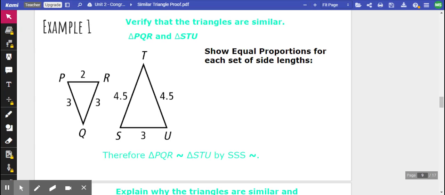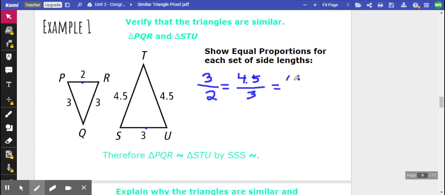So in this first example, like we saw earlier on, we can verify that these are proportional sides by making a proportion and setting them all equal to each other. So we're going to basically make, from big to small, 3/2 is our first proportion, this side to this side. And then it doesn't matter because this is an isosceles triangle, so we can just do 4.5 over 3.